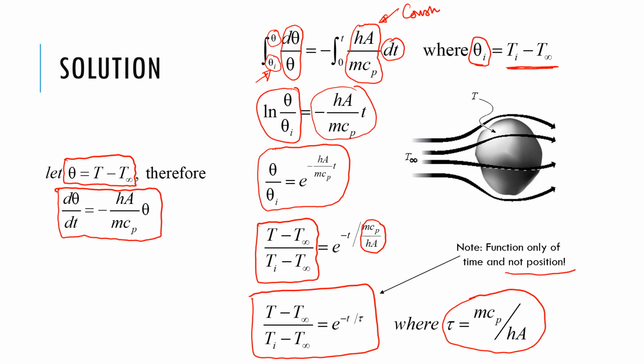Note, it is not a function of position, because we're saying this entire material we can think of at one temperature. In other words, there is no resistance inside. To give the analogy, it takes no time to come from the center of the island to the surface, or it is very easy for heat to go from deep inside to the outside. So that's the case that we are just solving.